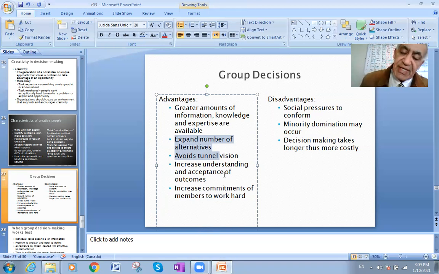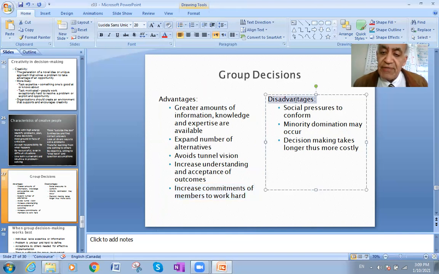In that case, this is great for the decision. Increase understanding and acceptance of outcomes, and also increase commitment of members, because I share my part in the decision. I will be responsible for the part which I shared and which was accepted by the other members. I will have a commitment to do it.